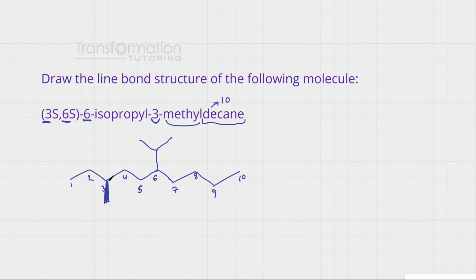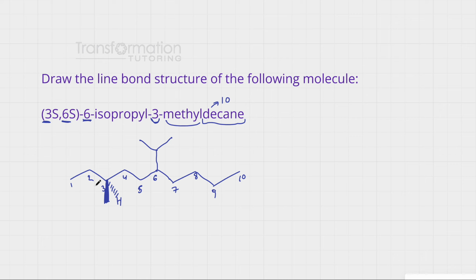Every carbon wants to have 4 bonds, and hydrogens on carbons in the line angle structures are not shown. So if it wants to have 4 bonds and it has 3, it's missing a hydrogen, and the hydrogen will be on a dash because my methyl group is on a wedge. I'm doing it to make my life easier. I will tell you why soon.